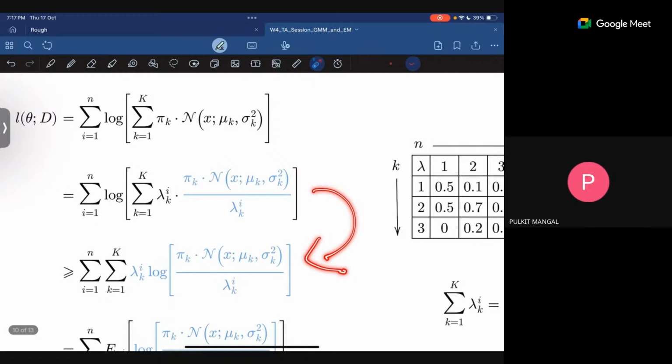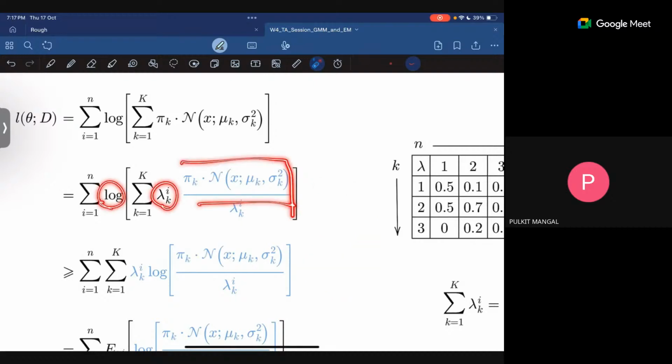From here to here, is it clear to all of you? How did we go from here to here? We use Jensen inequality: treat the whole log of lambda i xi thing as some variable y.